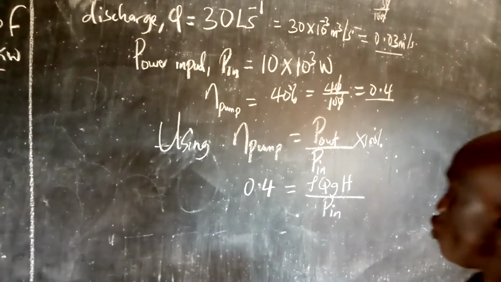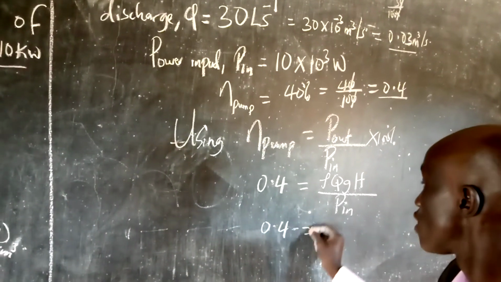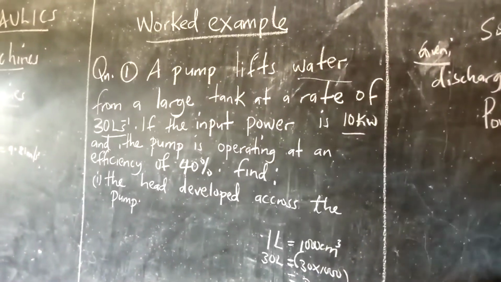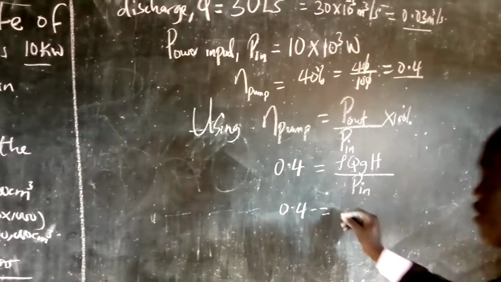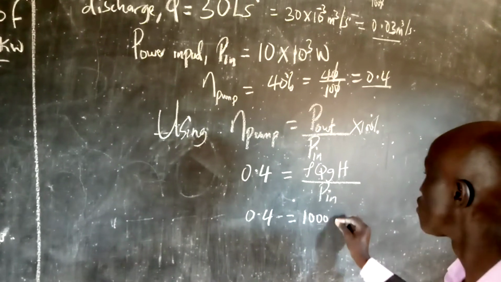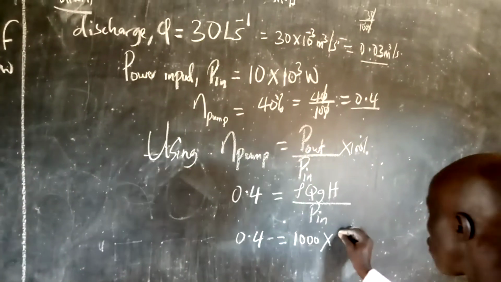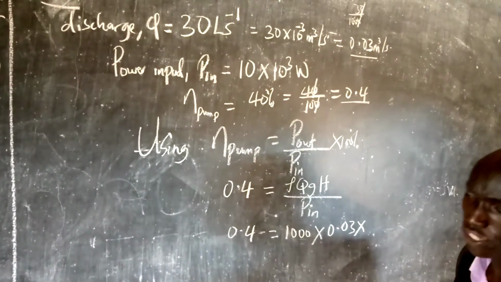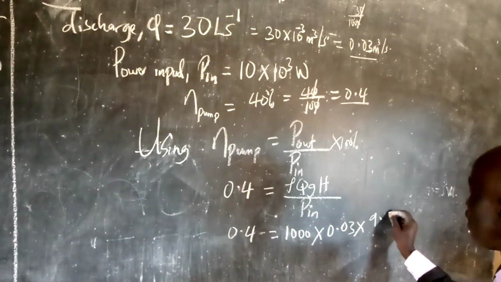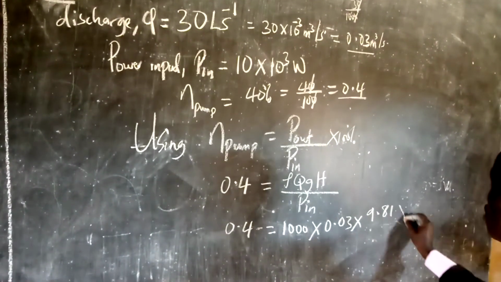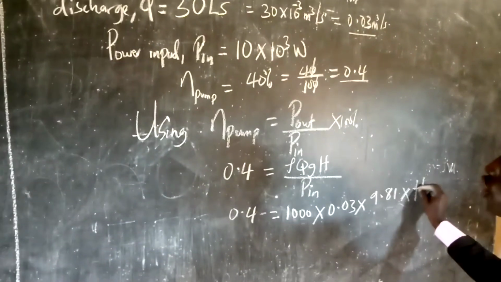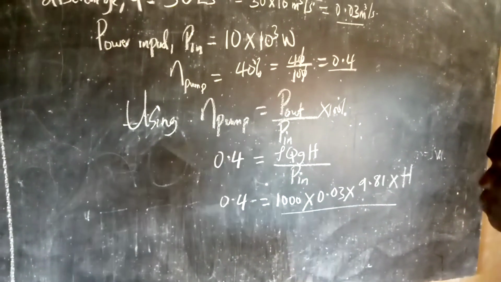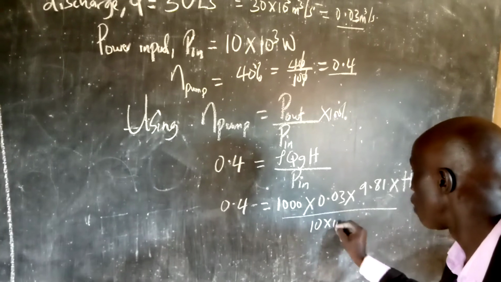So it will be 0.4 equals the density, because the pump pumps water. Since it's water, the density of water is 1000, times the discharge 0.03, times g, the acceleration due to gravity, which is 9.81, times the head. The head is not given, so it's going to be H, that's what is asked in the question, divided by the power in. Power in is given by 10 times 10 to the power 3.